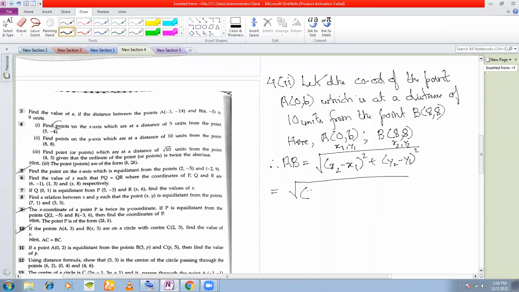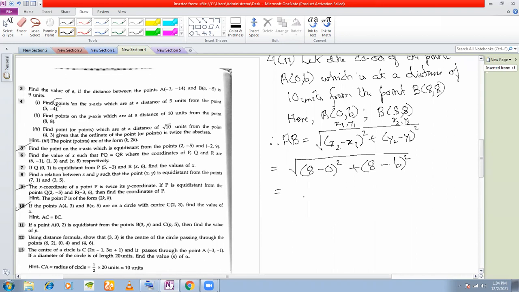So AB, write the formula first, root over of (x2 minus x1) square plus (y2 minus y1) square. Now put the values of x1, x2, y1, y2. If you see here, x2 is 8, x1 is 0, plus y2 is 8 and y1 is b. Okay, so what you are getting here is square root of 8 square plus (8 minus b) whole square, which is equal to square root of 64 plus (8 minus b) square. Okay.